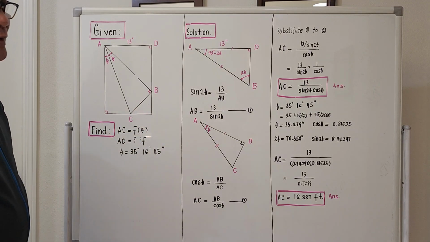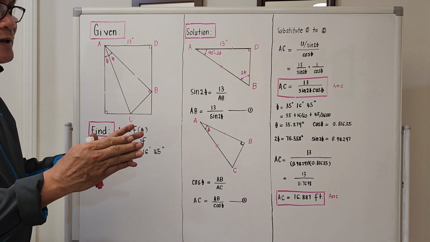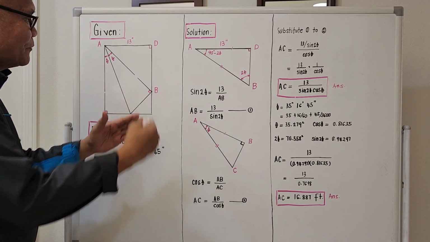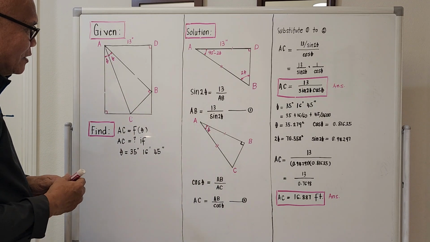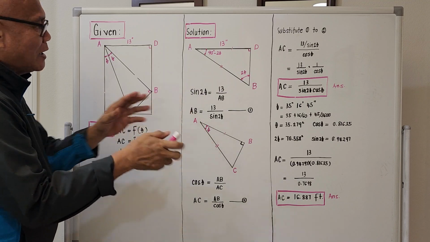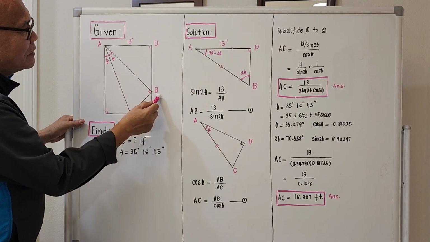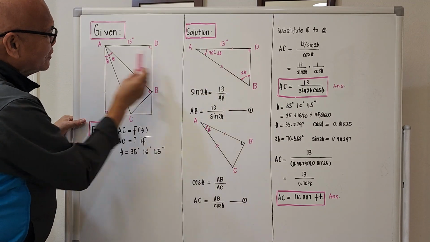To bring out the solution, we must bring out a right triangle from the given figure. The first right triangle that we will bring out is right triangle ADB, this portion here.